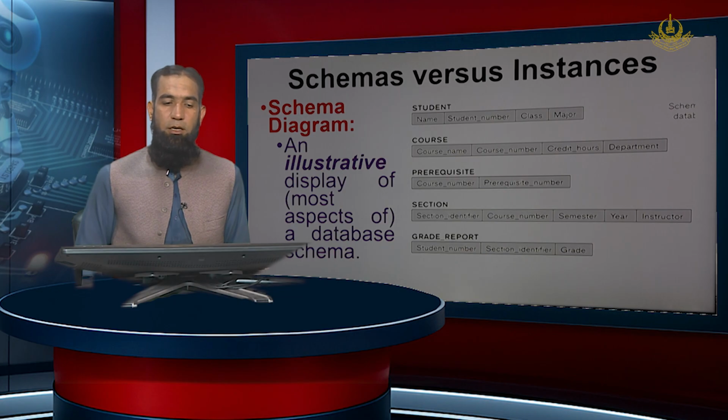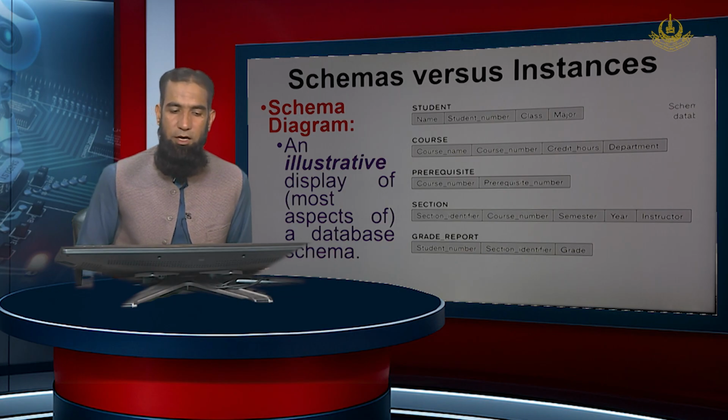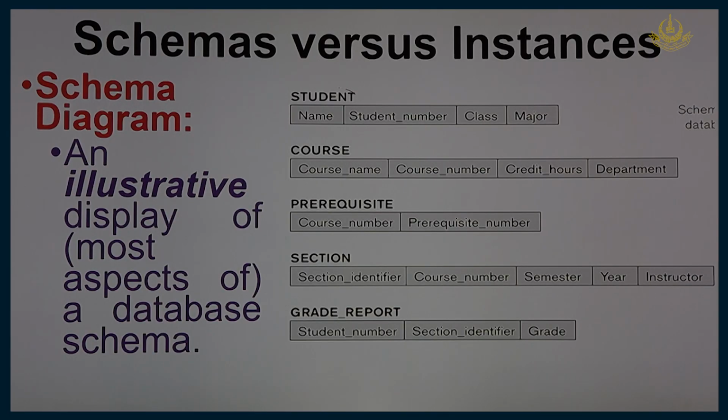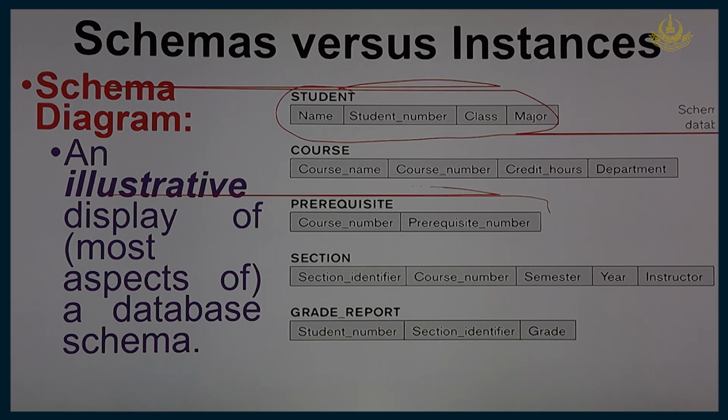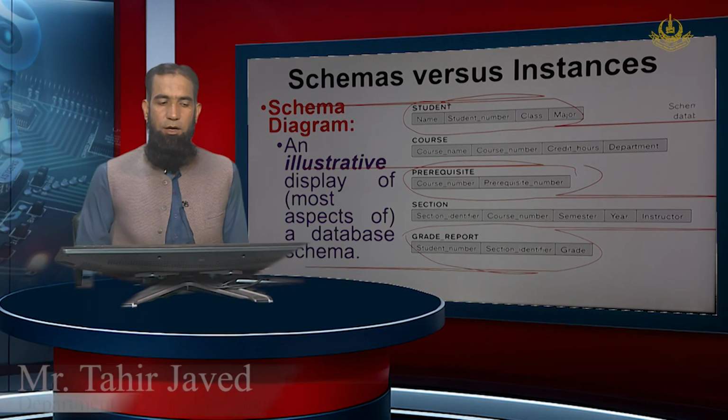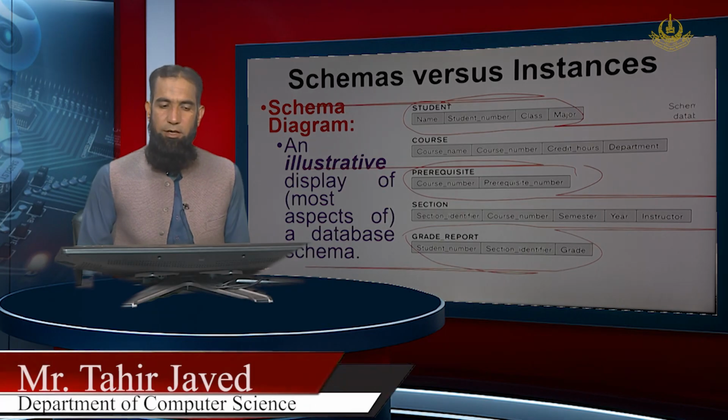Prerequisite is a construct, grade report is a construct, section is a construct. So these all are different constructs. Overall we can call this diagram a schema diagram.